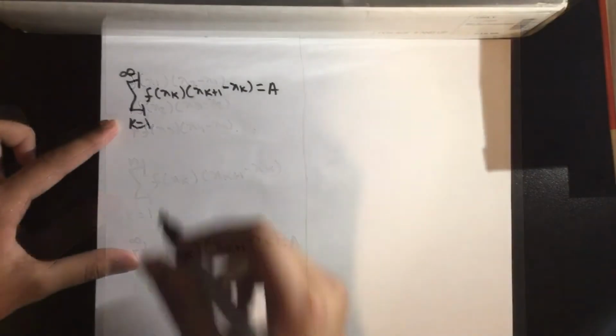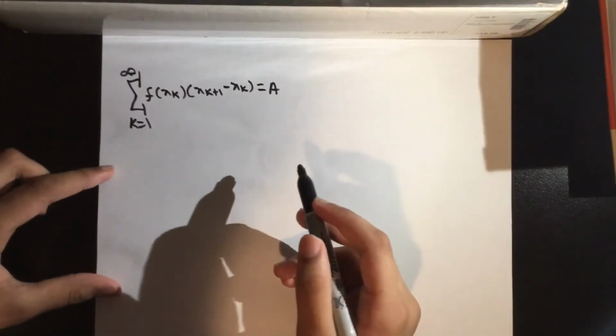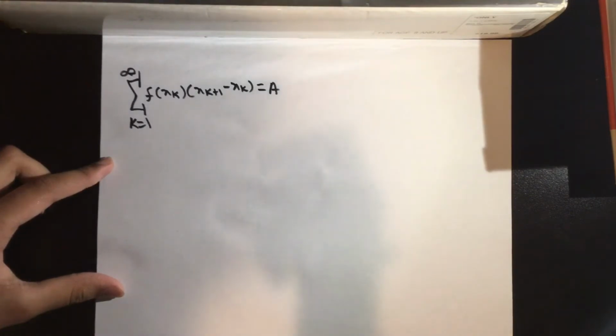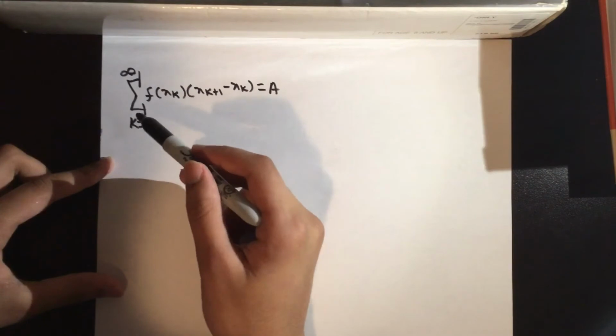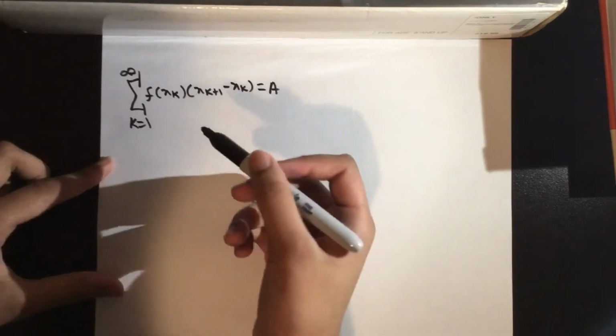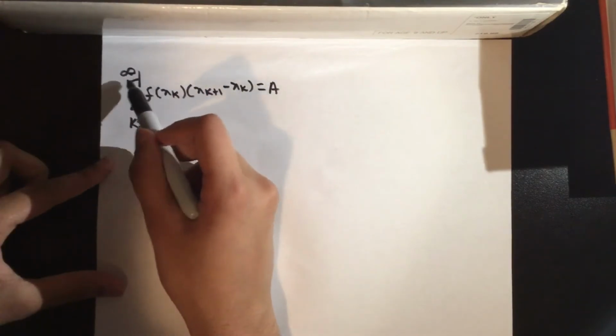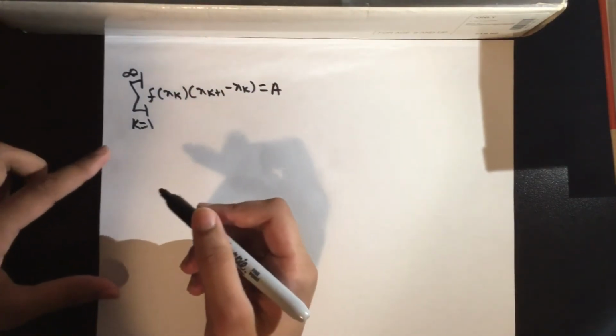Now we're left with this. This represents the area under a function. But this translates to an integral because we know that the integral is summing an infinite amount of infinitely small things. And this is what that's doing. We're summing an infinite amount of infinitely small rectangles, or infinitely narrow rectangles.